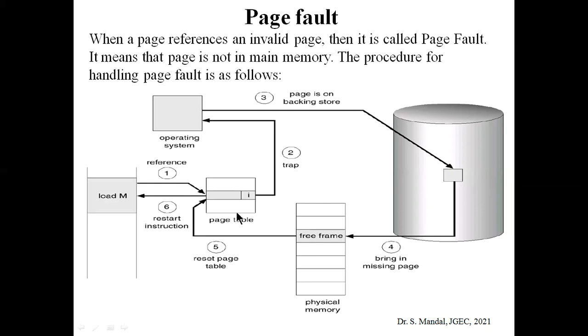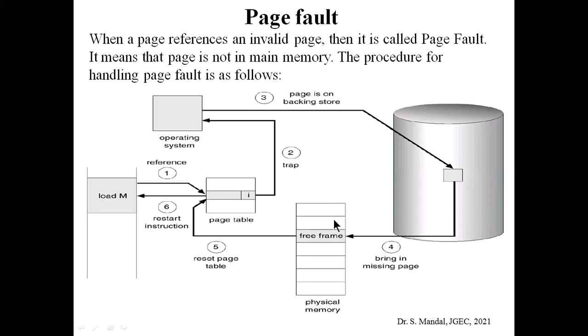So far the control is in the CPU, but to load the respective pages from the secondary memory, the control is shifted to the operating system. So the operating system takes control. It will search for the respective page in the secondary memory location. The page is on the backing store.